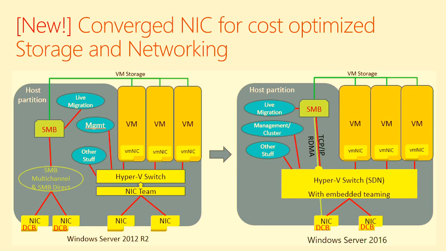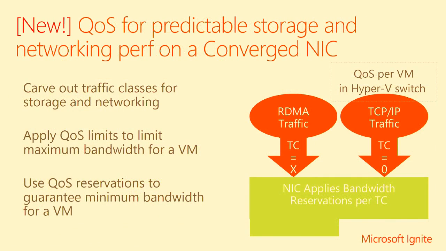And that way, we have high throughput available, and we are reducing cost because you don't have to have multiple NICs now. And you can pack more VMs into the host because we are able to do hardware offloading. And on top of it, we can also have some kind of a cost policy and say how much bandwidth you want to allocate for your RDMA traffic and how much is for your VM traffic.